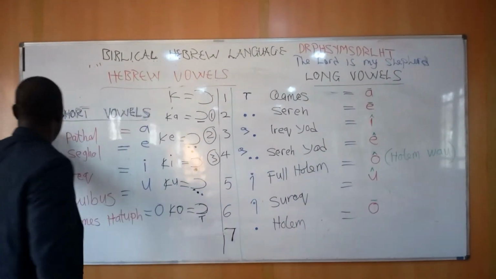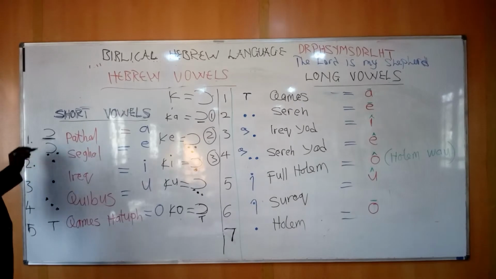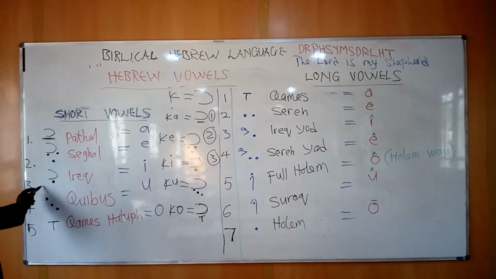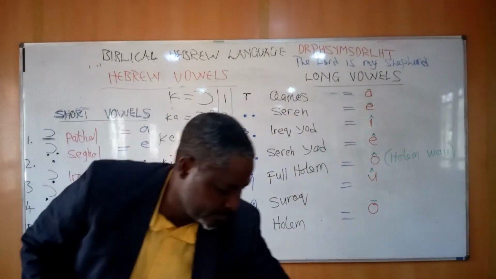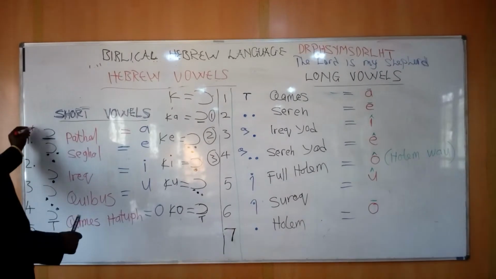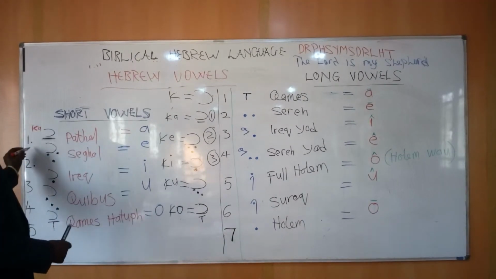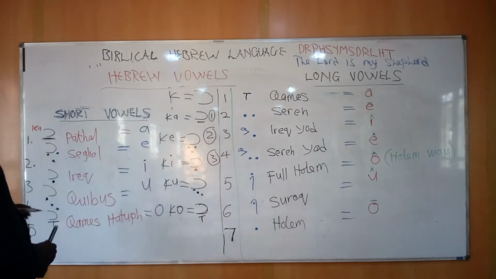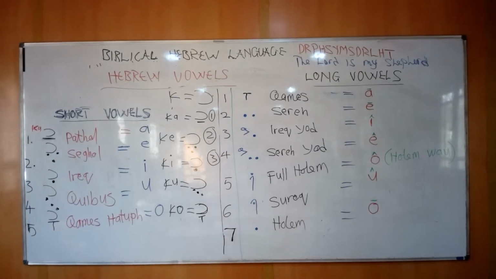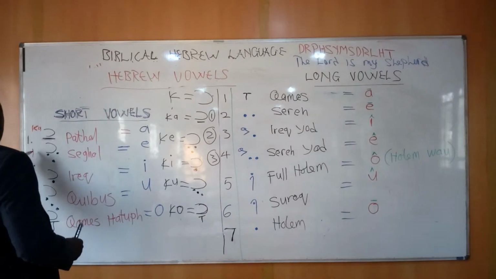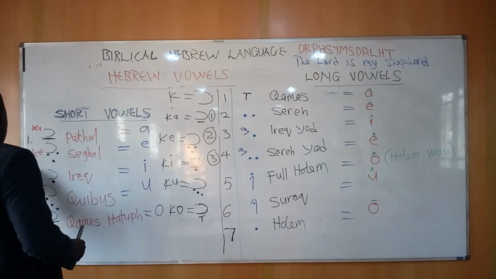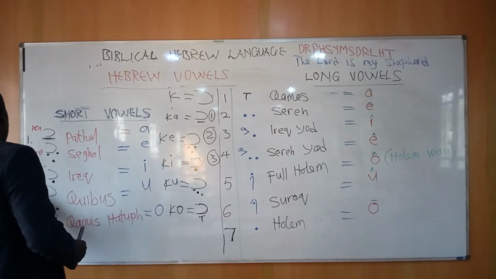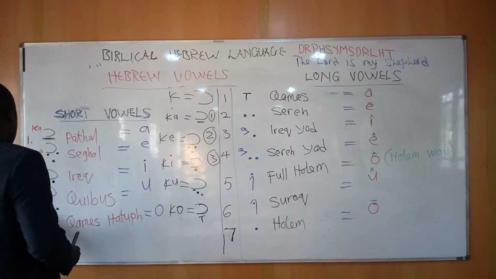So you have ka, ke, ki, ku, and ko. Let me just write it on top so you can get it: this is ka, this is ke, this is ki, this is ku, and this is ko.